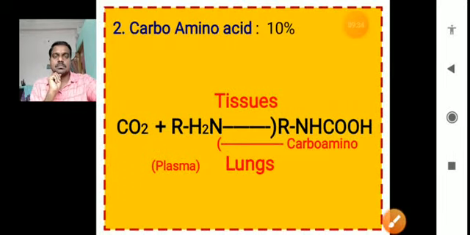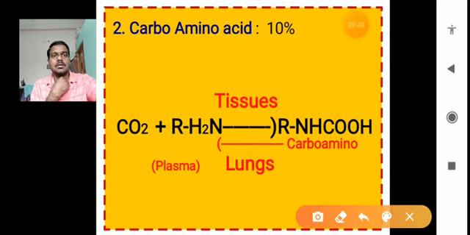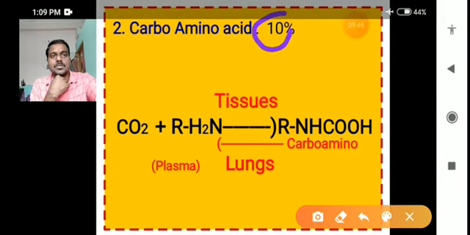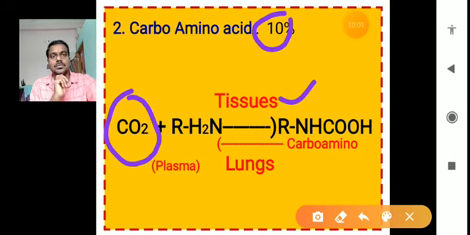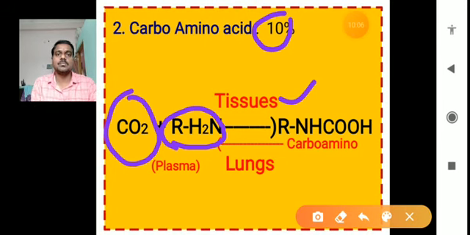So the second intermediate form of carbon dioxide is carboamino acid, which is 10%. That 10% carboamino acid is formed in the cells at the tissue level, right? Same way, the carbon dioxide is released in the tissue and binds with an amino acid, RH2N, which is present in plasma.